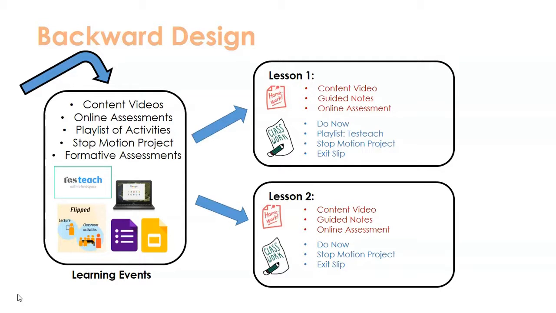When they come to class the next day, they're finishing up with their stop motion project. The stop motion project, we're going to start it on the first day and then finish it off on the second day. And that stop motion project really assesses if they understand ionic bond transfer using electron configuration and electron dot diagrams.